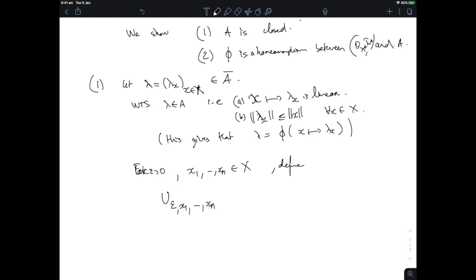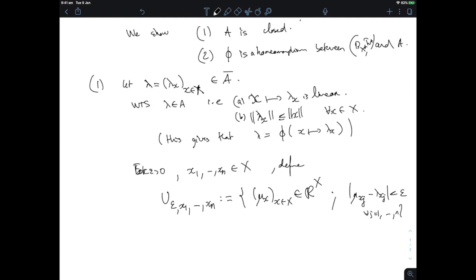It's very similar to a weak star neighborhood, but it's not quite the same thing. It is the set of mu x, x in X, in R to the X, such that absolute value of mu xj minus lambda xj is smaller than epsilon for all j equal 1 to n.